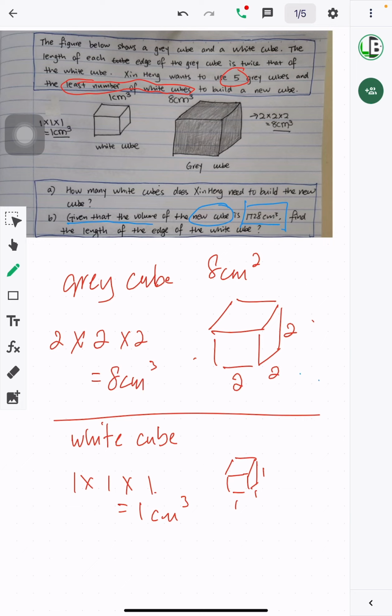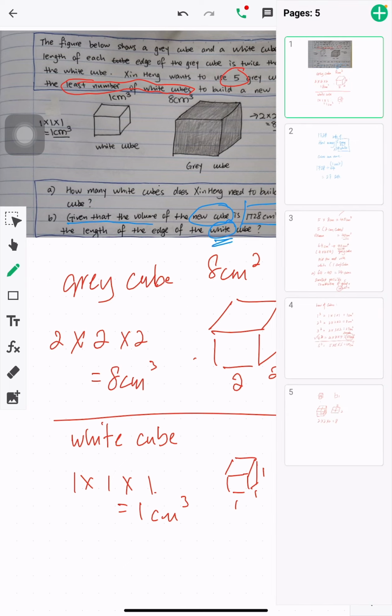I think this is not the white cube. The length of each edge of the gray cube is twice that of the white cube. Okay, so that's fine. This is likely the new cube. So I want to find the length of the new cube.